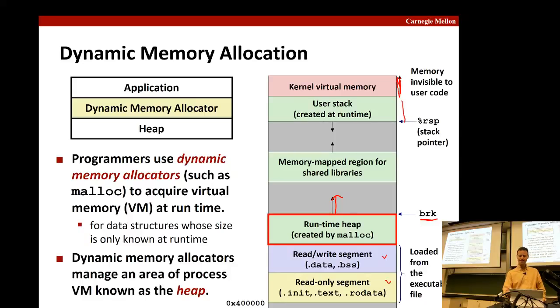And here's the stack that you've had so much fun with in this course, and the stack pointer. The stack is growing this direction. There's also space for memory-mapped shared libraries that grow up. But here's the heap, and that's what we're talking about: memory that gets allocated in this space right here. Of course, these aren't drawn to scale. Typically these read-only and read-write segments are tiny, the stack is generally not all that big, and the heap can be huge, depending on what you're doing in your program.